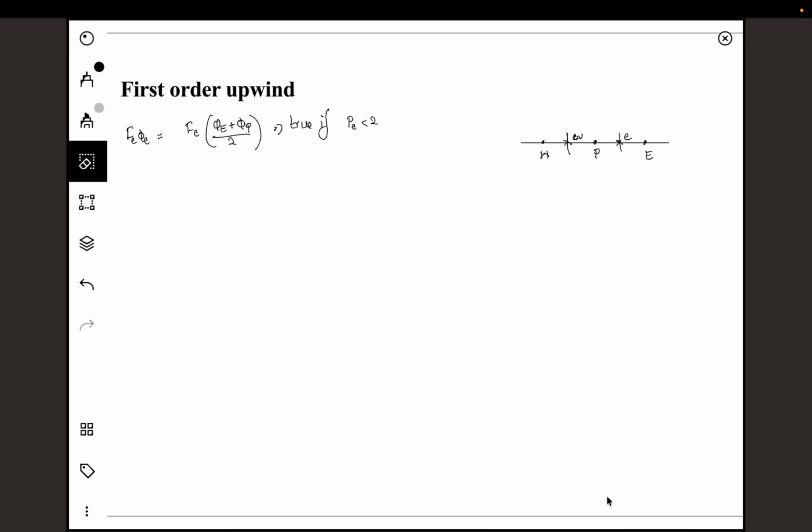Or I'll just write diffusion, advection, so it will be easy for you when you revise later. So the diffusion term is greater than the advection term. But let's say the advection term is stronger.